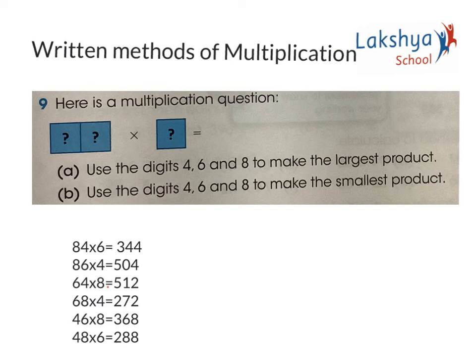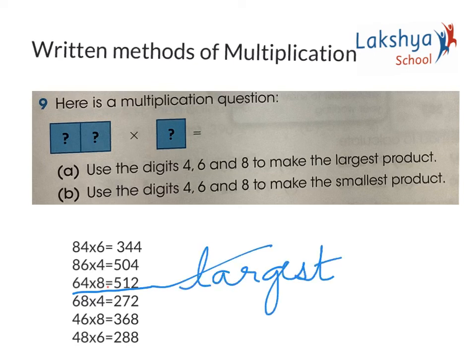Now let's check which is the largest product. So we see that the number 512 would be the largest product, and the number 272 would be the smallest product.